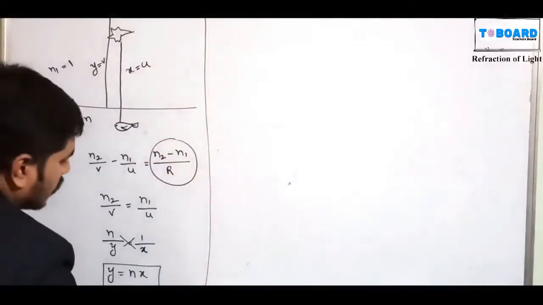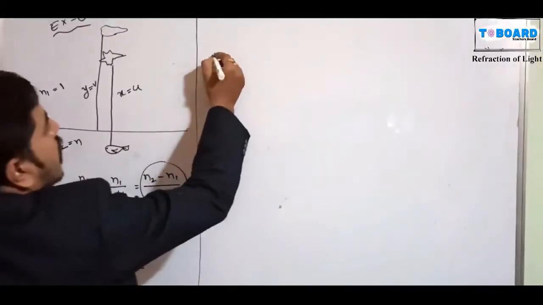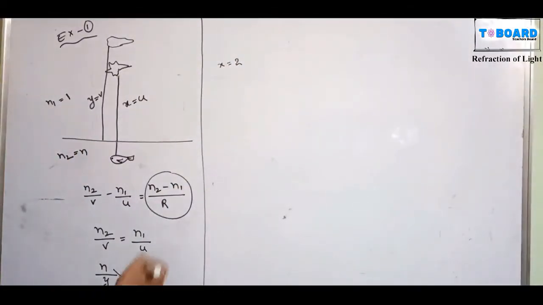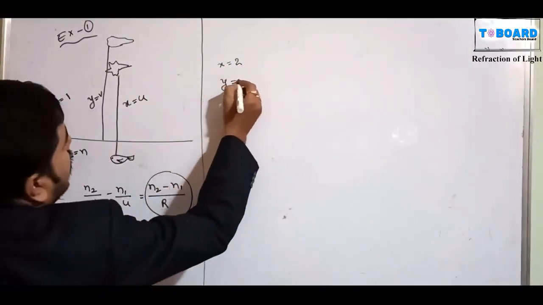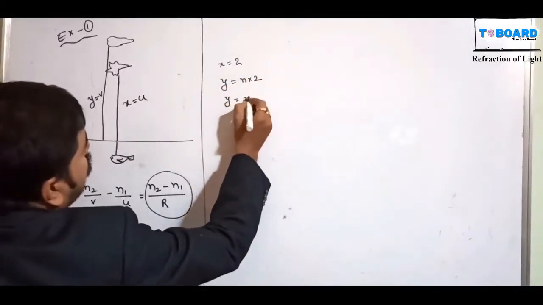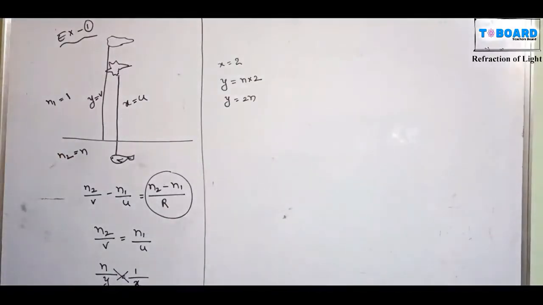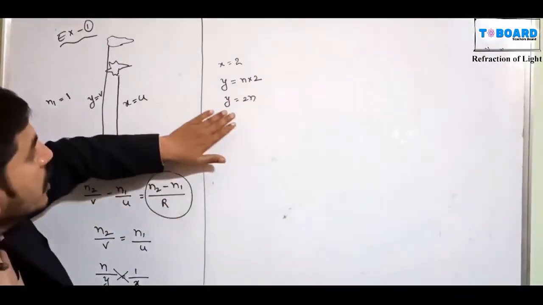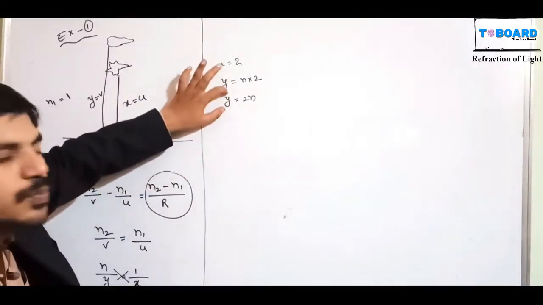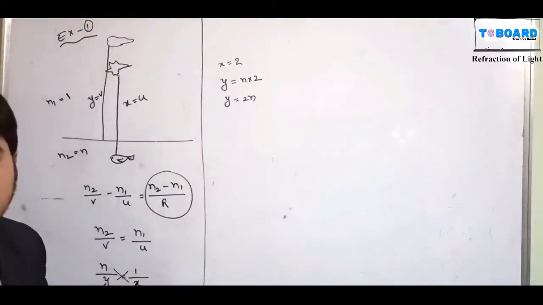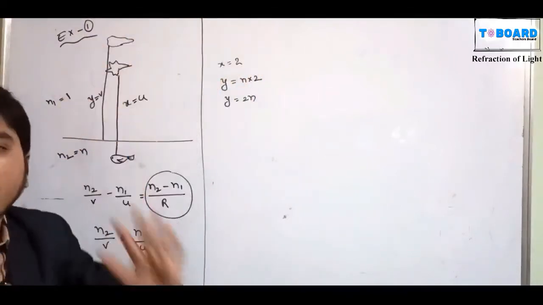For example, if the x value is 2, then the y value will be n into 2, so y is equal to 2n, a multiple of n, the refractive index. So definitely the image position is more than the object position, meaning far away from the actual position.